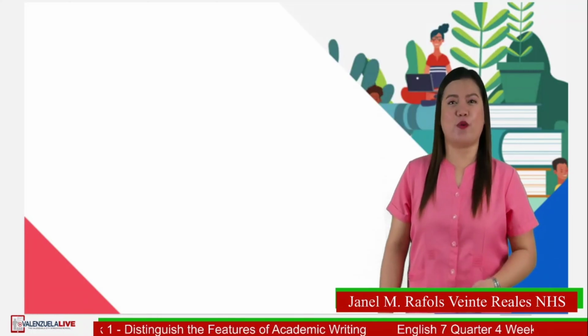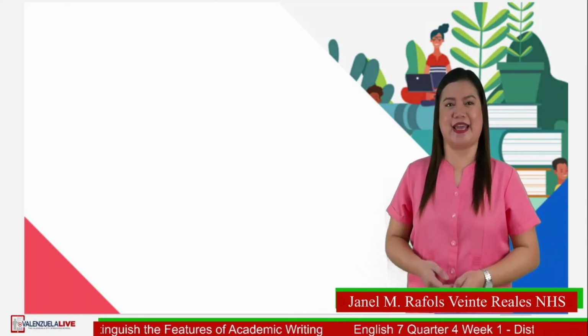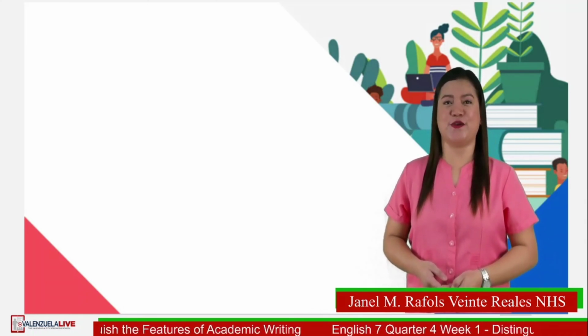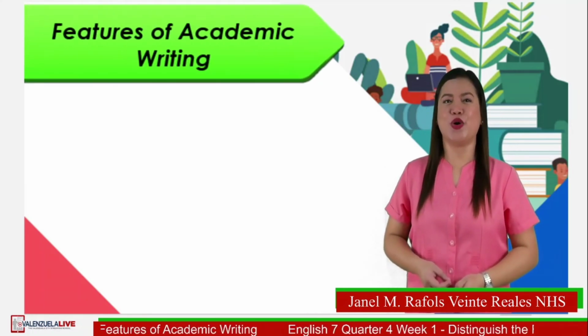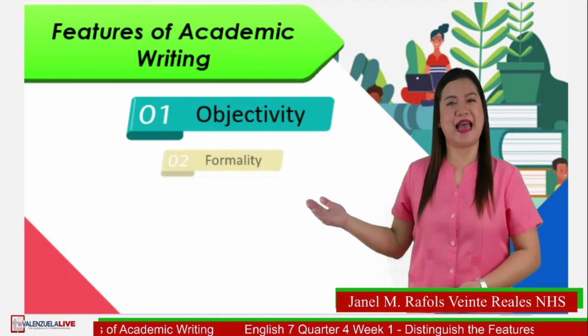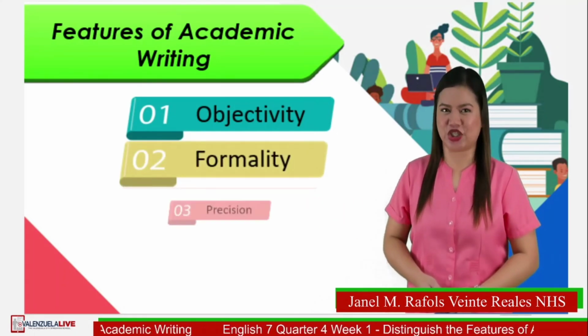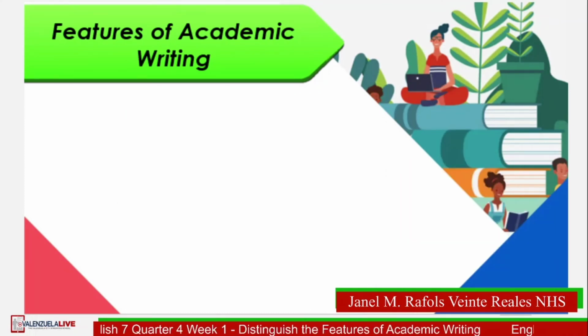Let's move forward to some of the key features of academic writing. I will present to you some of the key features for academic writing. We have objectivity, formality, precision, and explicit. Objectivity.